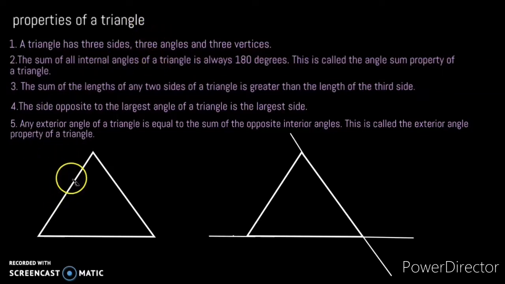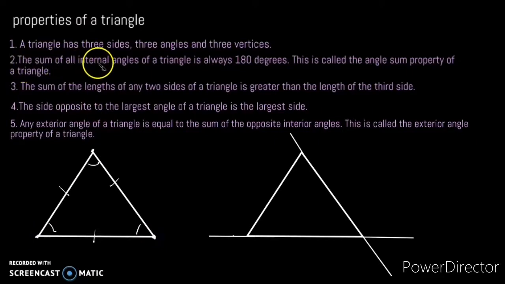Three sides means it has 1, 2, and 3 sides, and it has three angles, so 1, 2, and 3 angles, and three vertices. A vertex is a point where two lines meet. So you can see that it has three vertices as well.